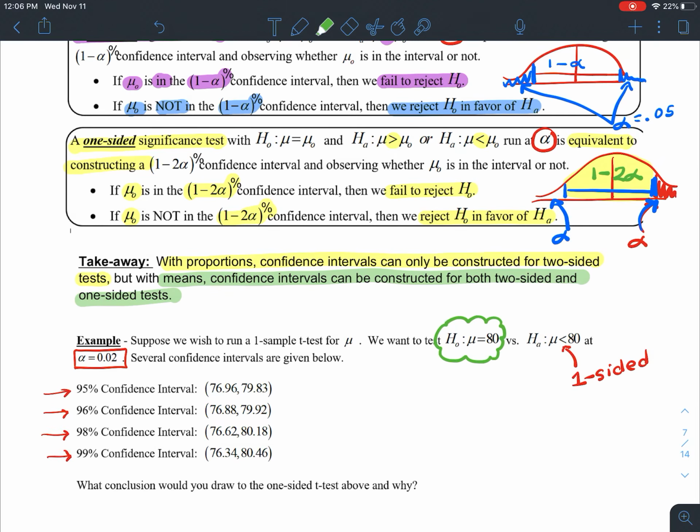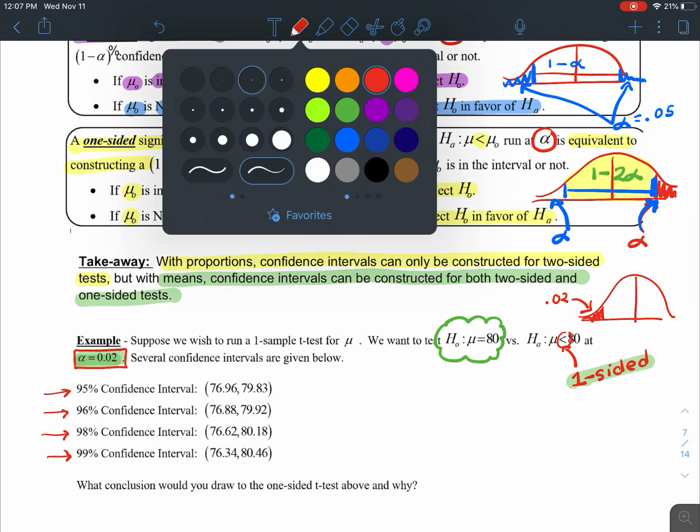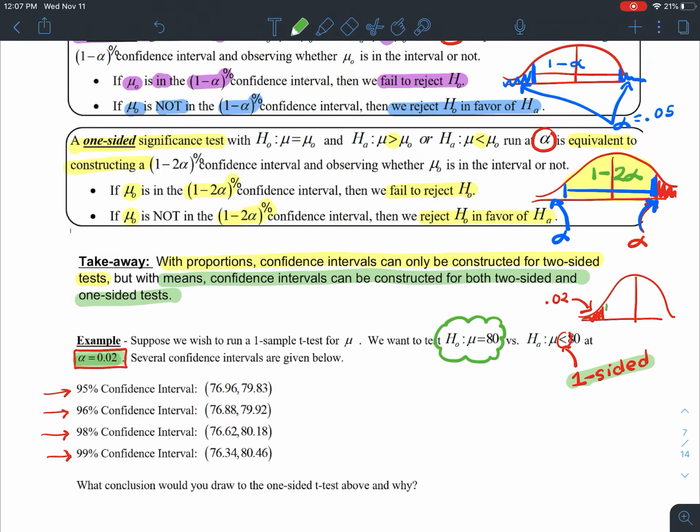Okay, technically, the one of those 4 that would align itself with a one-sided sig test of 0.02 would be something like this. Okay, I'm going to draw a small sketch here. So we would be housing all of alpha in this left tail because it's a less than, okay, and alpha was 0.02. Now if I'm going to try to construct, though, a confidence interval that is centered right in the middle, I'm going to block off this part and say this would also be 0.02.